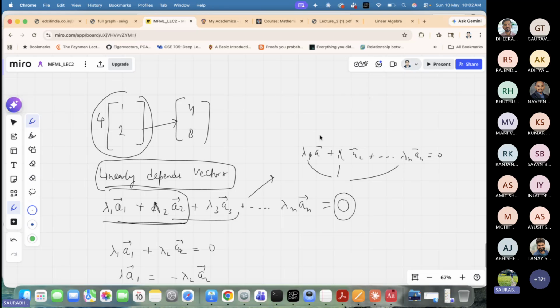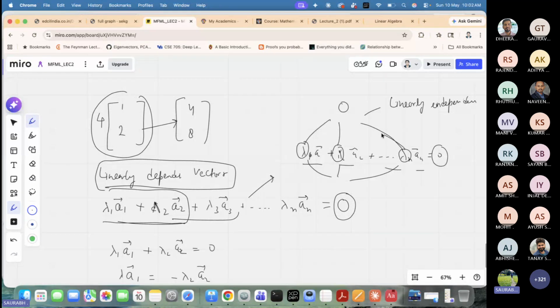But if the only way to combine them and make them 0 is when these scalar values, the lambdas, are all 0, then the vectors are called linearly independent.